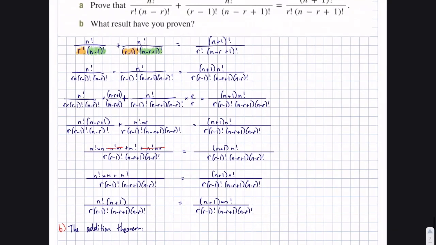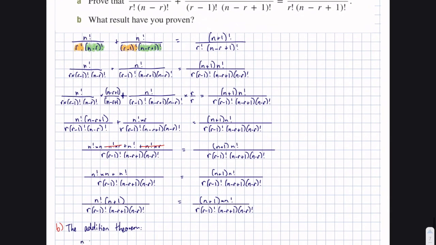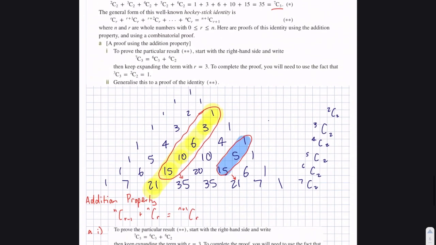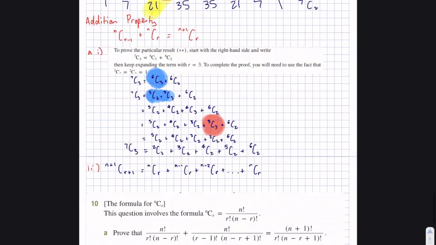So that was nCr plus nC(r take 1) equals (n plus 1)C r.